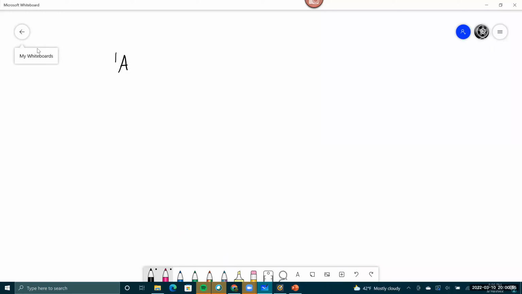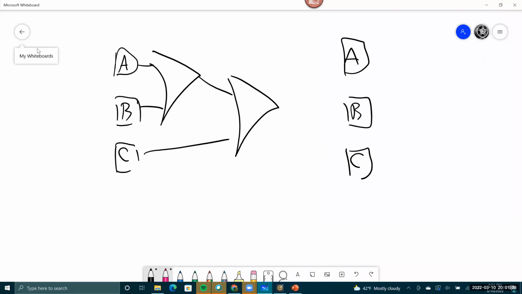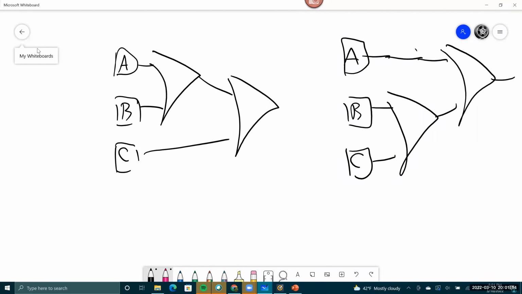So let's just say the example I just drew, how do we make the distinction between this versus this? Right? How do we make the distinction?